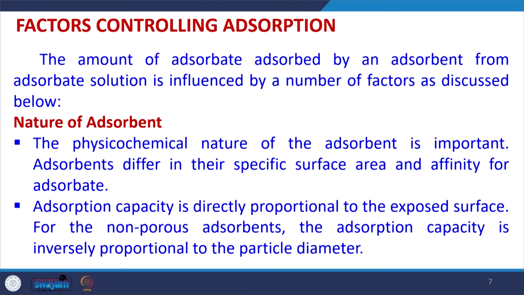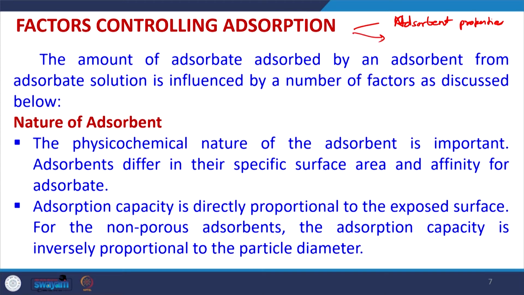Now, the factors which may control the adsorption may be classified into three categories. One is dependent upon the adsorbent. The property or nature of the adsorbent controls the adsorption phenomena, so that becomes very important.